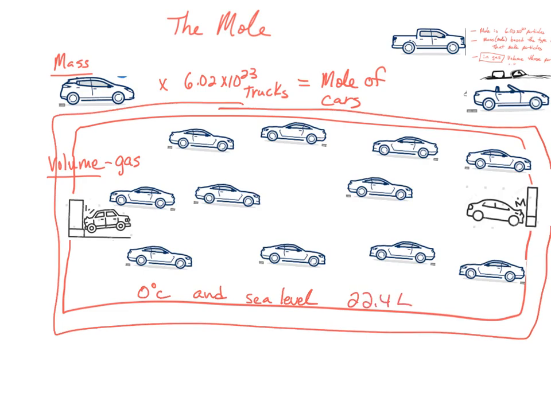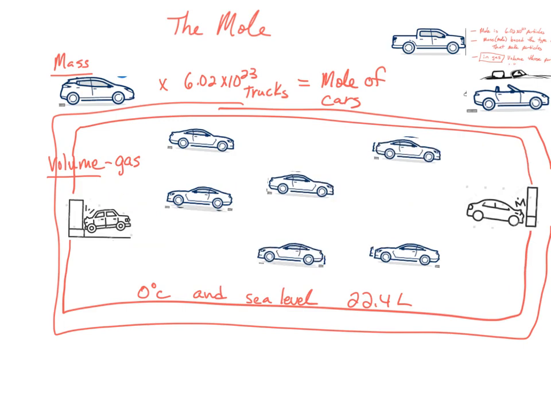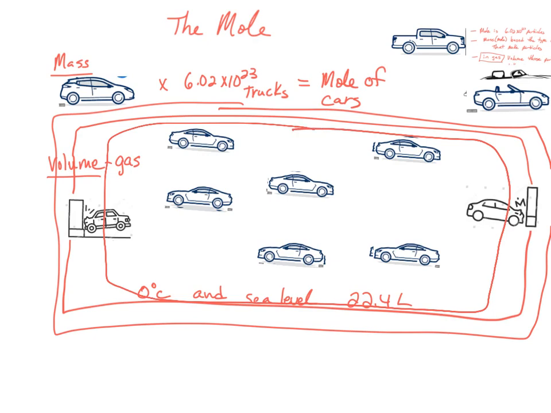If you have half the number of particles, in the same way that if I had half the number of cars, I'm going to have half the number of collisions with the sides of my container, and my container is going to get smaller if it's flexible like a balloon. So basically what he found is that if he had 1/2 a mole, what would the volume be? Well, it would be half a mole, so it would be 11.2 liters if you had that many particles.